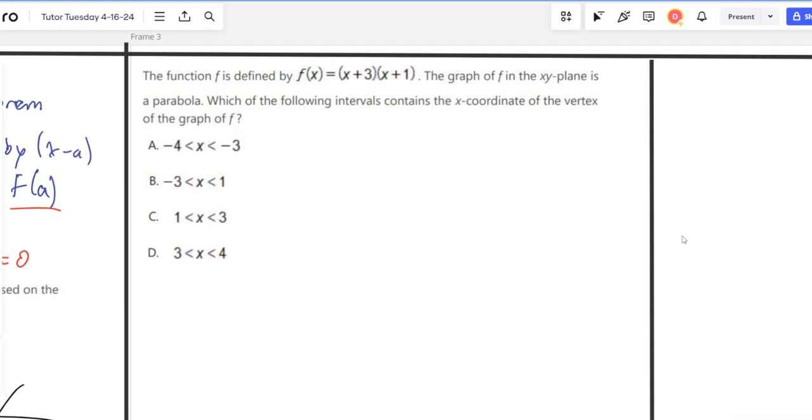I see, B. Let's see. If I plot it out, it's going to be a similar situation. x plus 3 means there's a root at -3, and x plus 1 means there's a root at -1. So it's going to look like this.